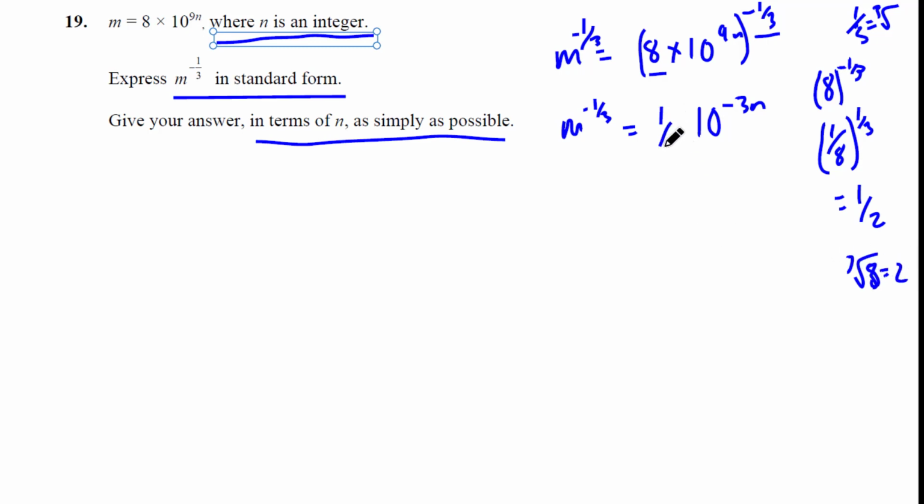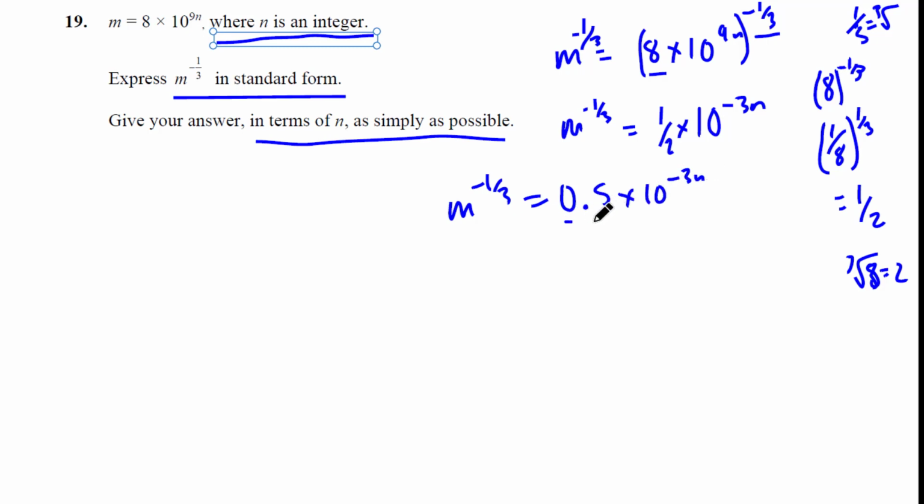So that becomes a half times 10 to the power minus 3n. So let's write that here. And a half is 0.5 times 10 to the power minus 3n.